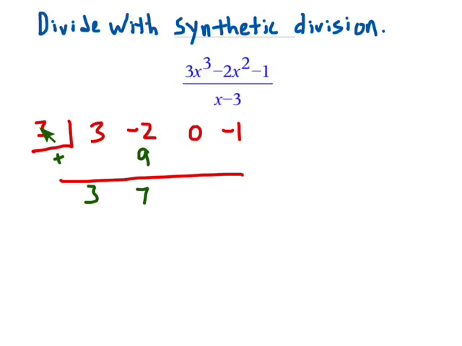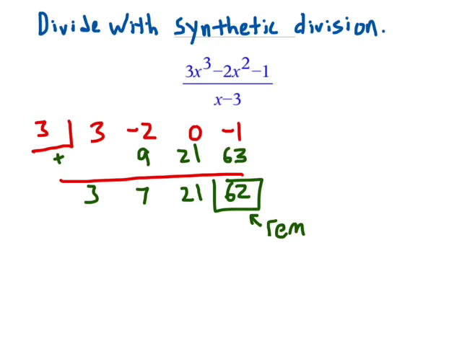And then we have 3 times 7 gives us 21. And we're going to add, and that gives us 21. And then once again, 3 times 21 is going to give us 63. And we're going to add, and we get 62. This right here is our remainder.